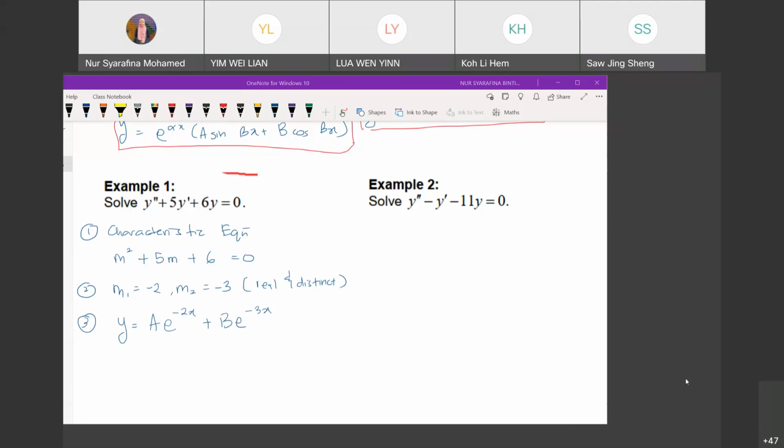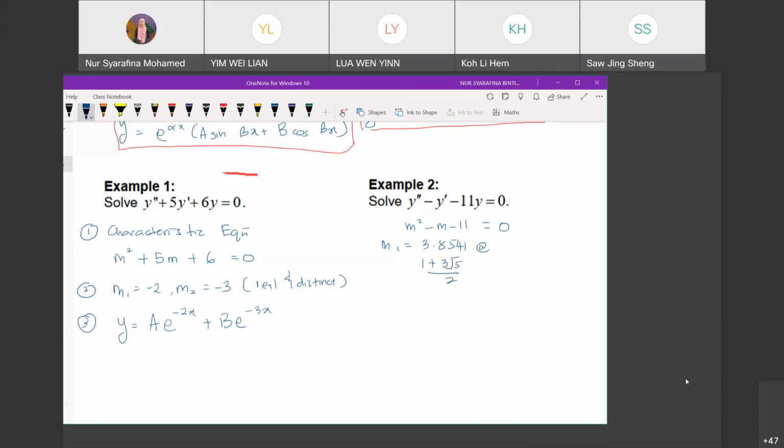Right, so changing to the characteristic equation will give you m squared minus m minus 11 equals 0. Your m1 is 3.8541, or you can write it as a fraction, (1 plus root 45)/2. Some calculators will give you this answer.